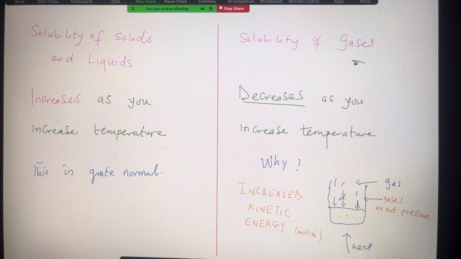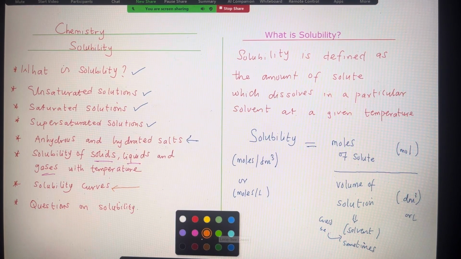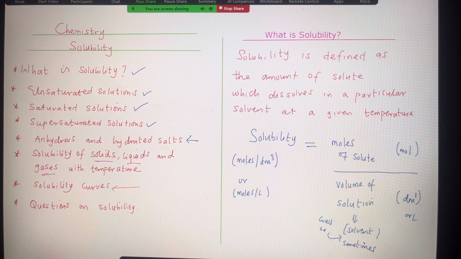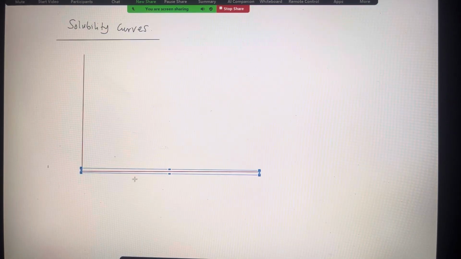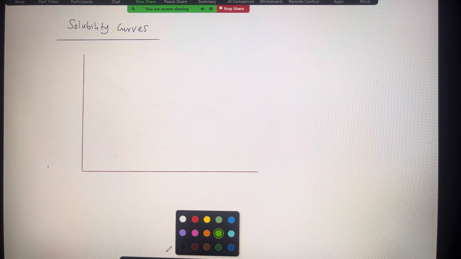But the main reason is the increased kinetic energy. As you are heating the gas molecules, what do you expect? They would keep moving, random motion, right? And then they get out of the solution. So they don't even dissolve as well as a normal solid or liquid. Yeah, so increased kinetic movement.